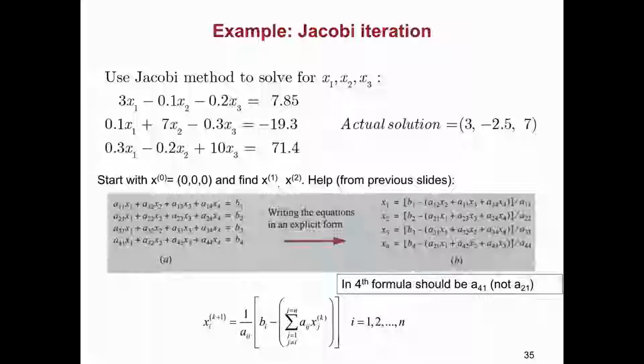Right? So your x1 from the first equation is 7.85 plus 0.1 x2 plus 0.2 x3, divided by 3.